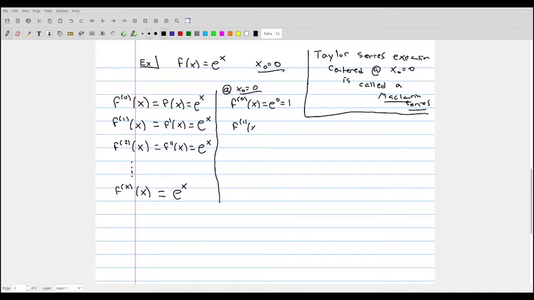The first order derivative is e to the 0, or 1. The second order derivative is e to the 0, or 1, and so on and so forth, all the way down the line. So the kth derivative of e to the x at 0 is 1, for any order of derivative we want.